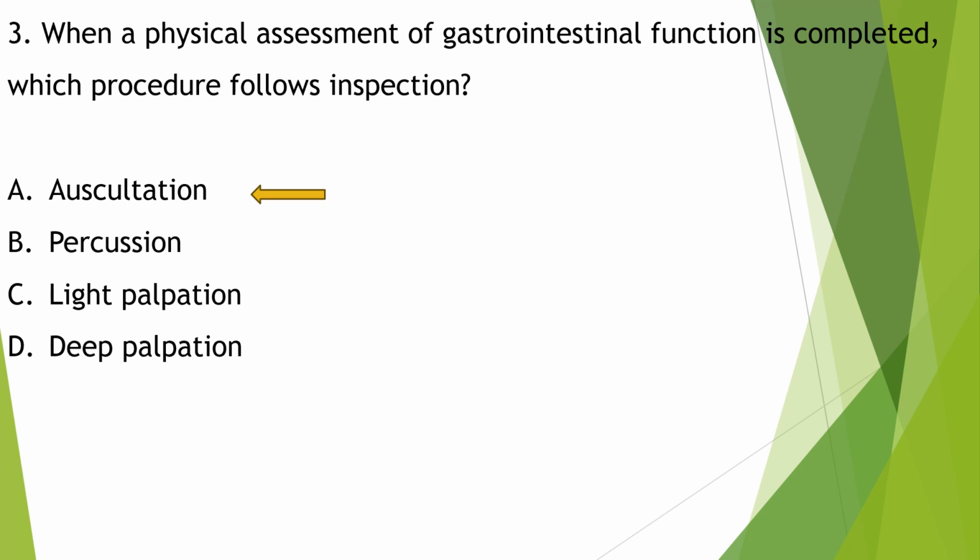In the assessment process, percussion and palpation usually occurs prior to auscultation, but manipulation of the abdomen can result in inaccurate interpretation of the bowel sounds as being hyperactive. So auscultation is completed prior to percussion and palpation.